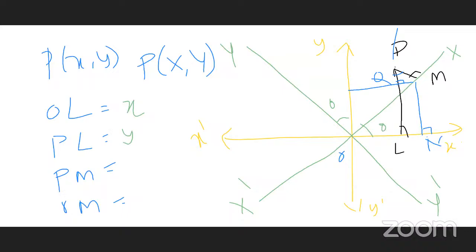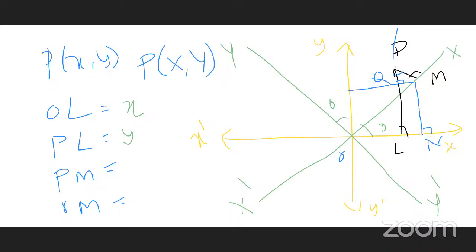Value of PM. P 90 degree. First you take the value of OM. Value of OM will be how much?